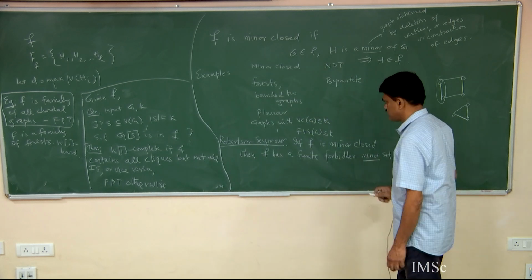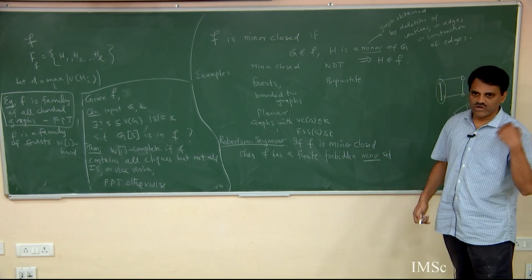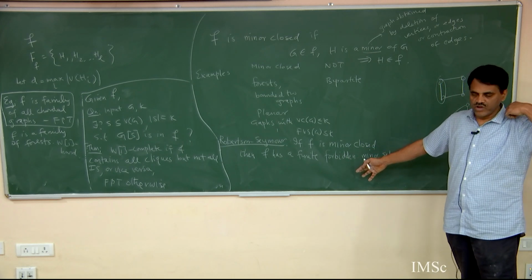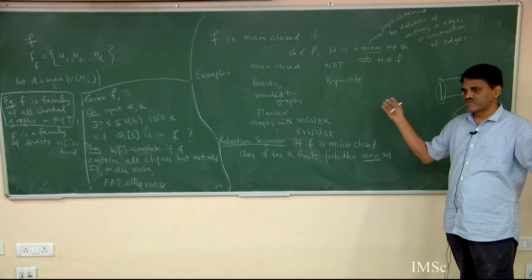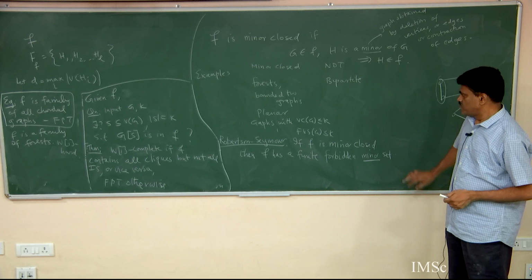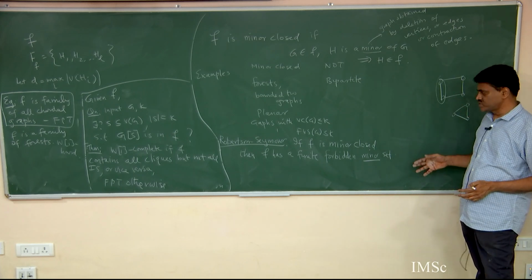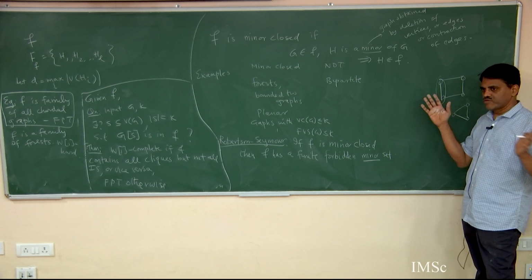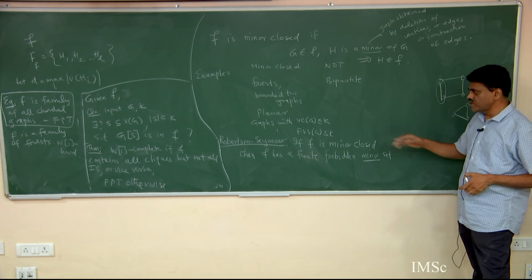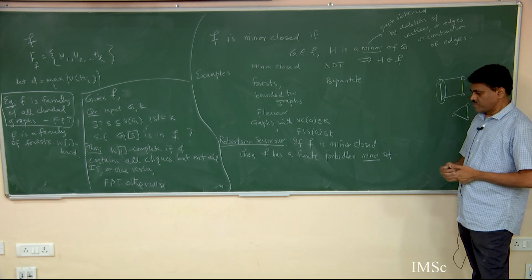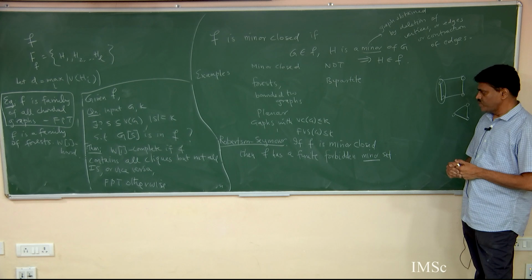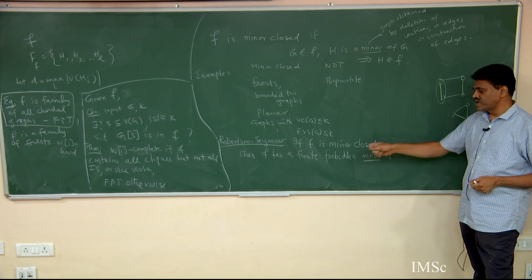I mean, this is something we wanted for hereditary graphs, and I said we don't. For example, the class of bipartite graphs has an infinite forbidden set. But what Robertson-Seymour showed is that if the family of graphs is minor closed, that means if you have a minor, it should also be inside, then it has a finite forbidden set.